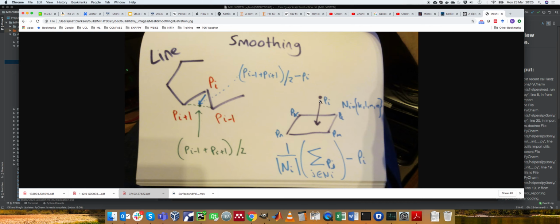So you don't have to move the whole way there. You could just say it's lambda, a bit like a learning rate in optimization. So given this vector, I can move this point by a certain percentage. The reason you might not jump the whole way is you're going to apply this iteratively over a whole mesh. So you might want to evolve it slowly, piece by piece. You don't want to move the points around too quickly relative to each other.